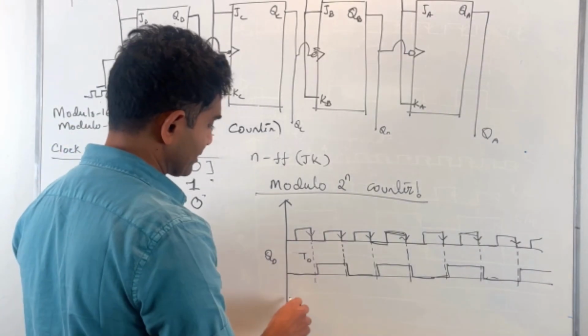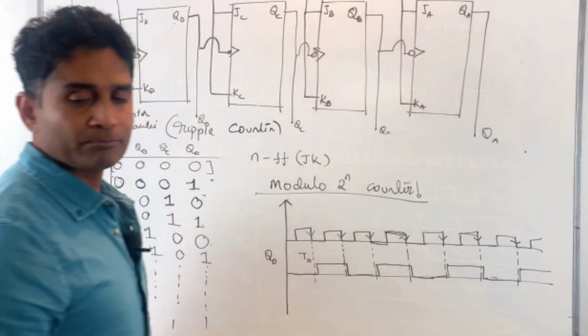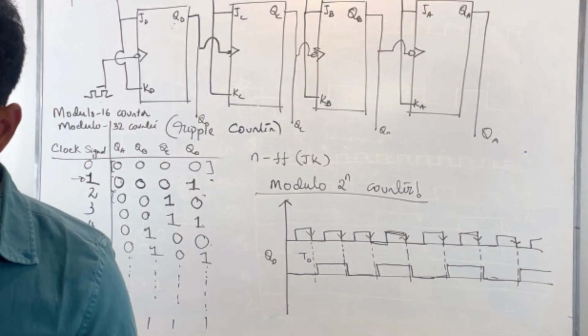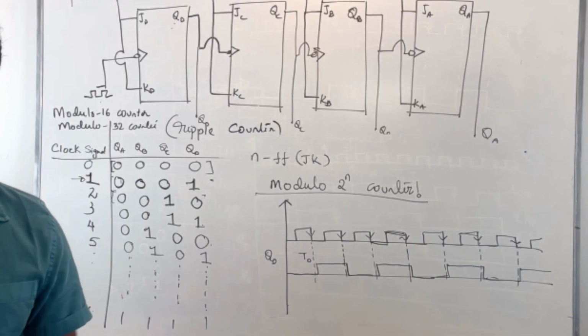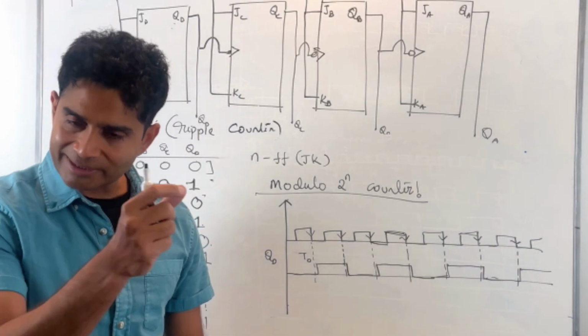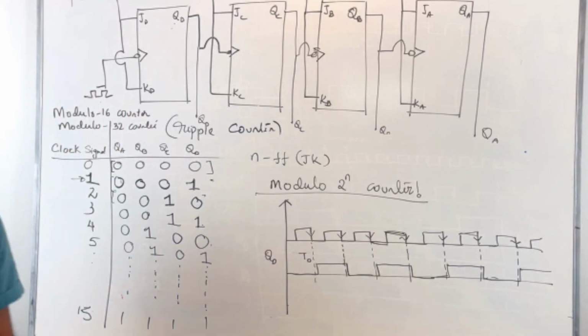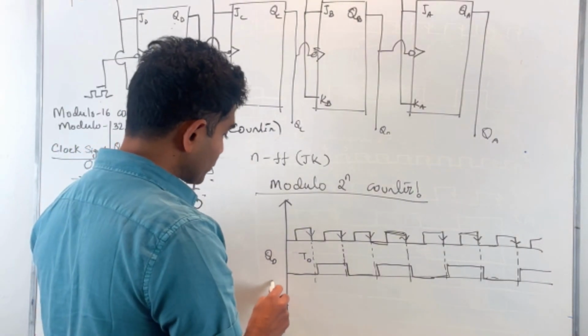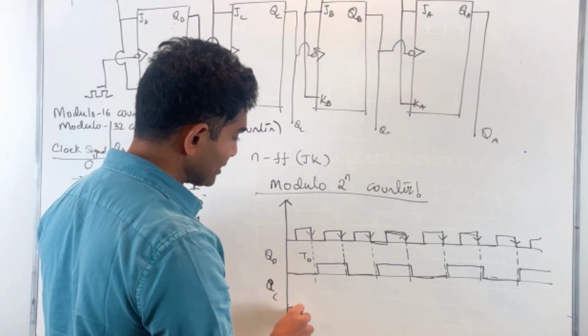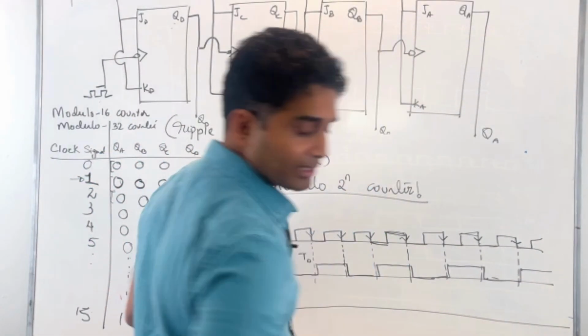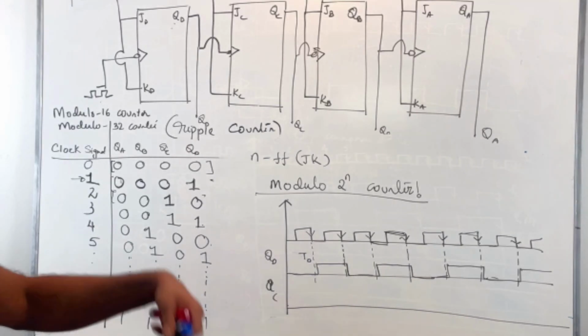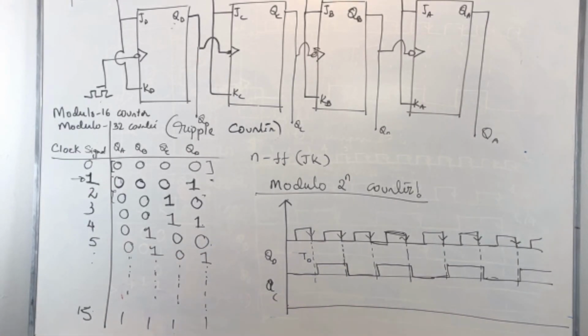On average, the time my flip-flop takes to get triggered and switch the output is TD. Now, what happens to QC? For QC, the timing delay with respect to the master clock gets added up.